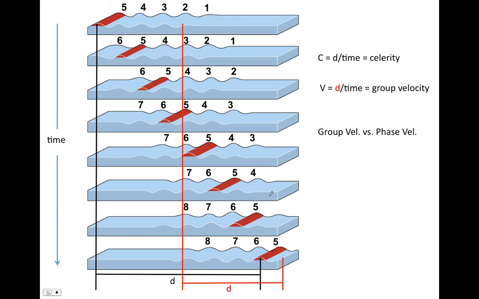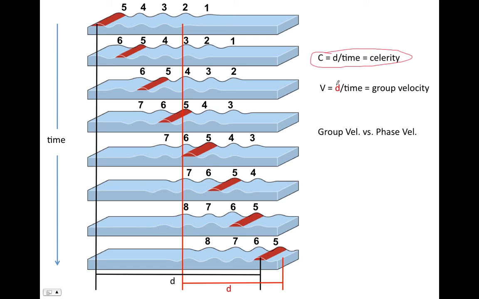You can see that the wave train has traveled this distance in this amount of time, and the individual wave, wave number 5, has traveled this distance in the same amount of time. So the individual wave has covered a much larger distance than the wave train itself in the same amount of time. That means that the celerity, the speed of an individual wave, is faster than the actual speed or velocity of the group of waves.